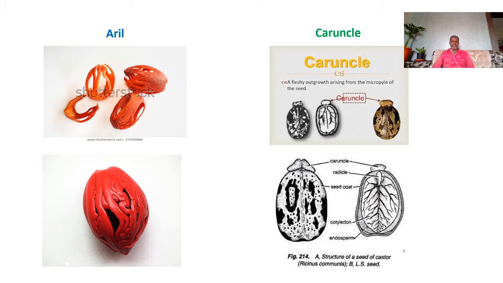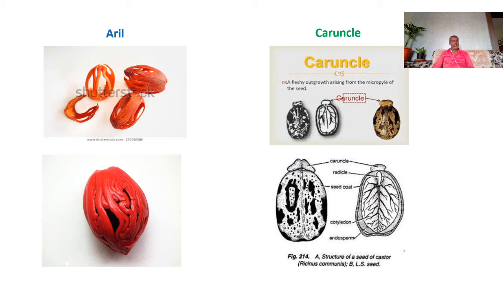It is an extra integument which grows from the lower side of the ovule, from the hilum region, and it completely covers up to the micropylar region. This is the third integument called aril, and it is seen in Albizia. Albizia is an example for the aril.